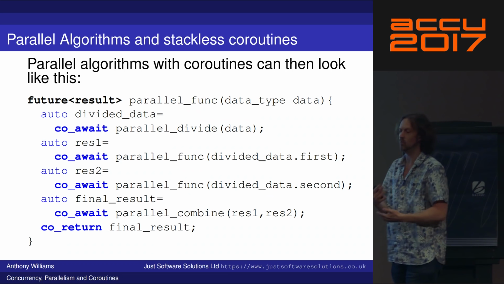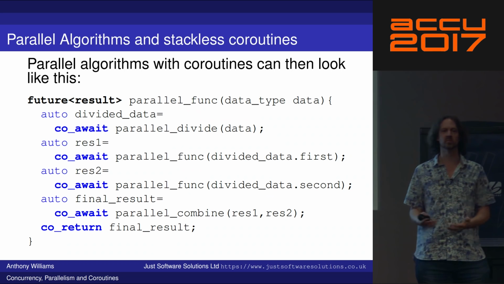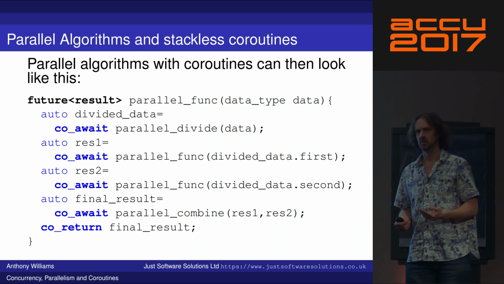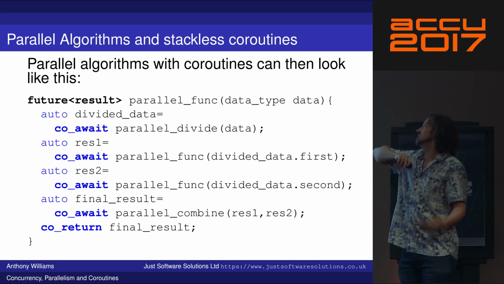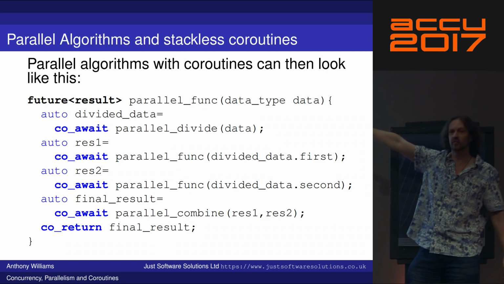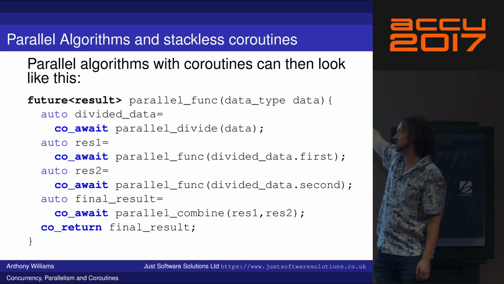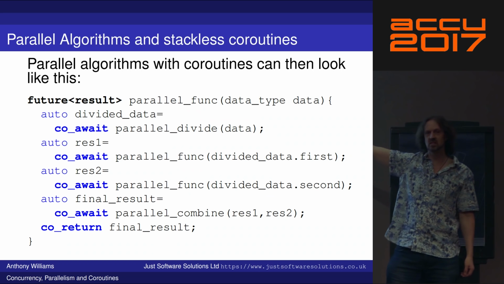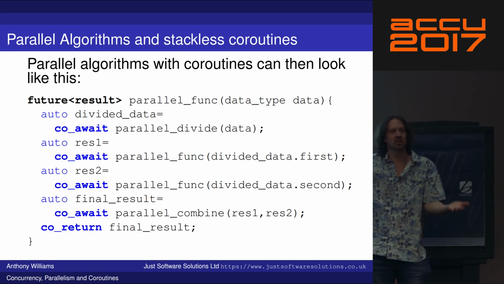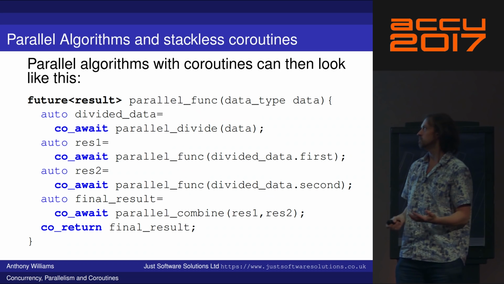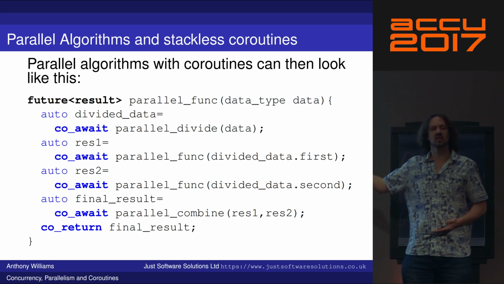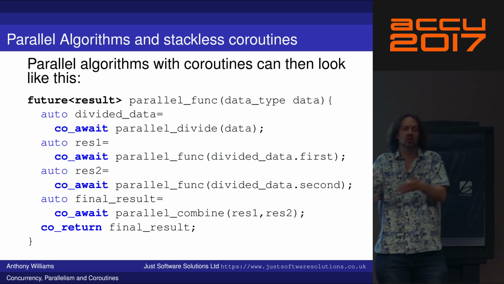So what we really want is our parallel algorithms to be implemented with coroutines, if coroutines are what we like. So if we've got some parallel function, we're passing some data, we do some form of parallel divide process that's going to divide it up into parts. In my example, I've split it into two halves, but it could be whatever.